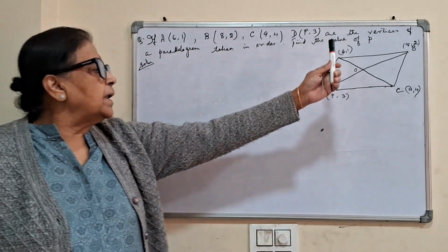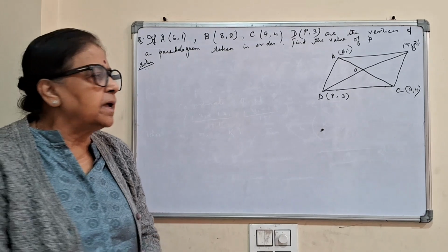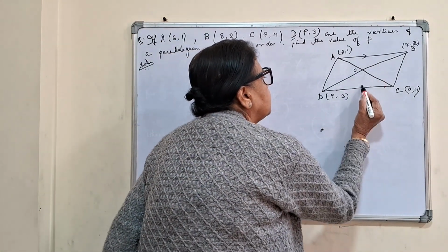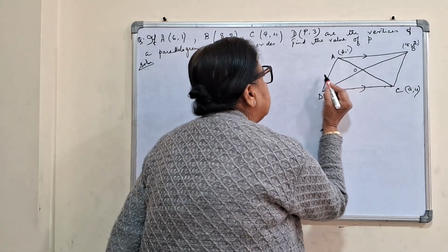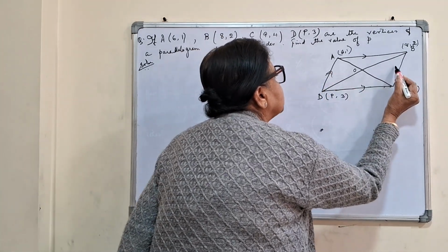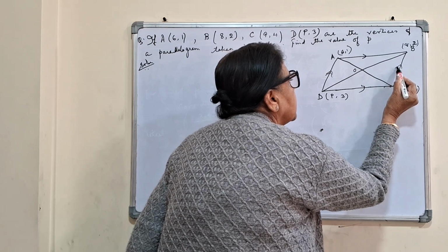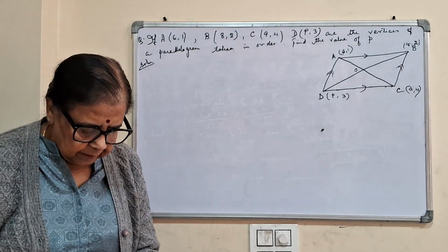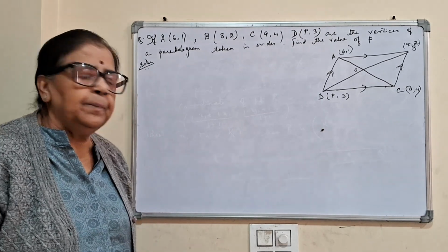That is AB parallel to CD, and AD parallel to BC.